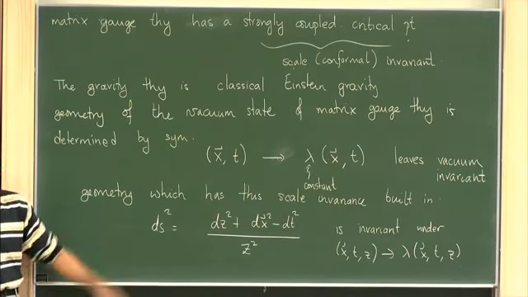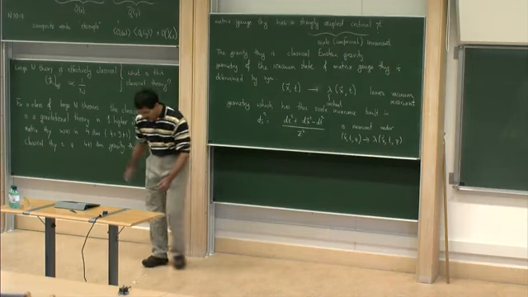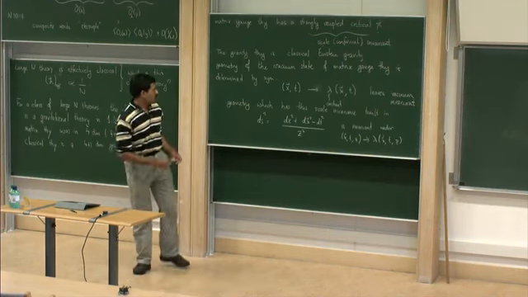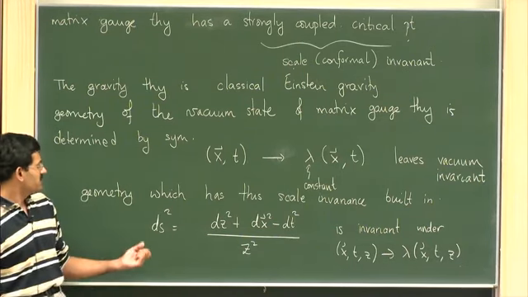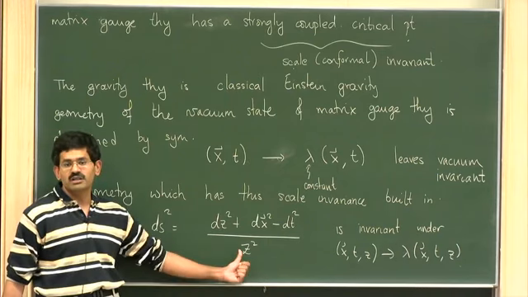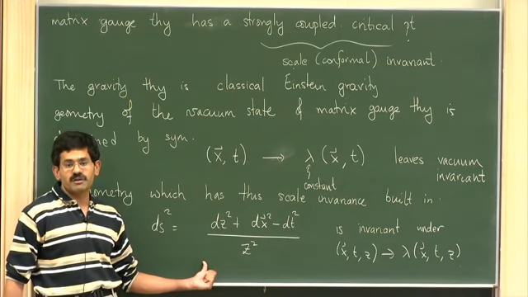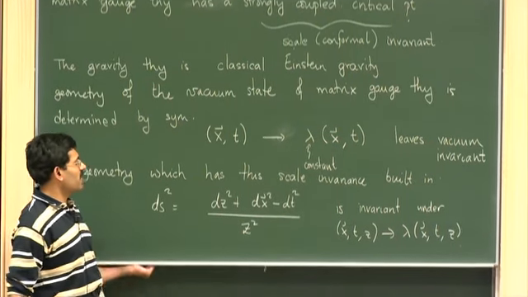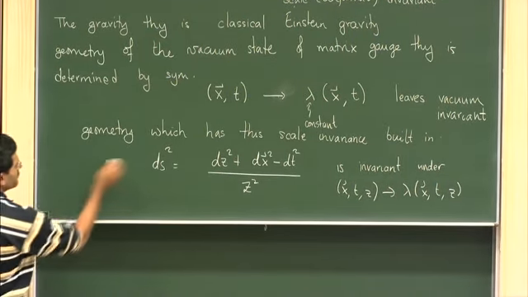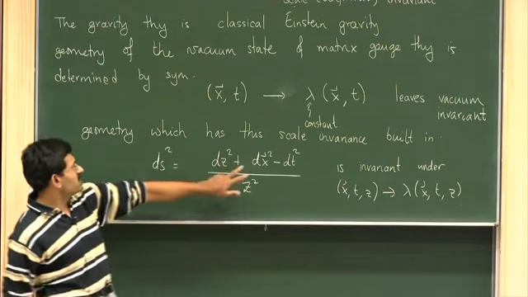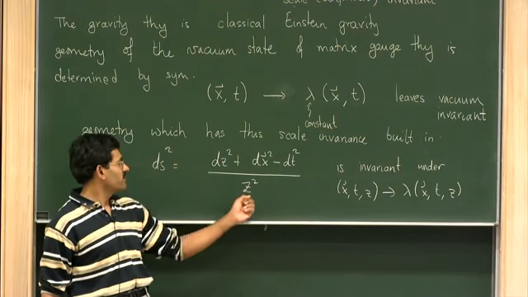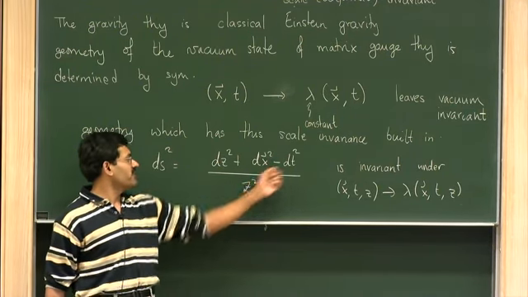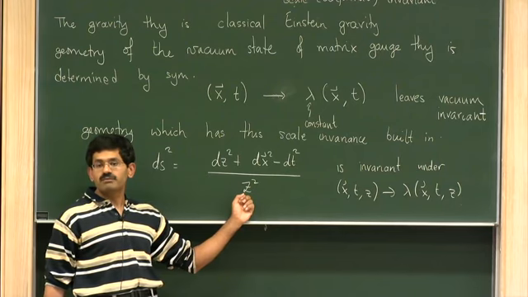The way we describe geometry is by telling you how distances are measured, and here's an infinitesimal distance measure in the 5th dimension. This is telling me if I have points in 5 dimensions labeled by coordinates z, x, and t, the distance between them depends not on x and t but on z in this particular fashion.